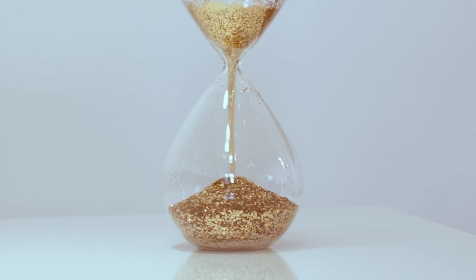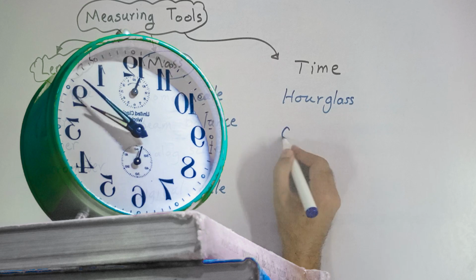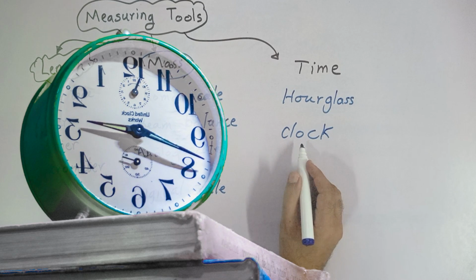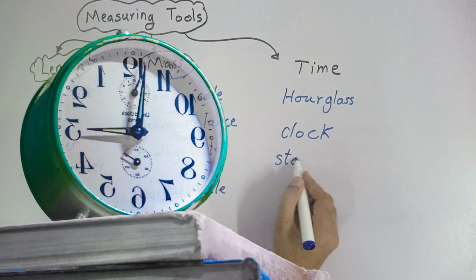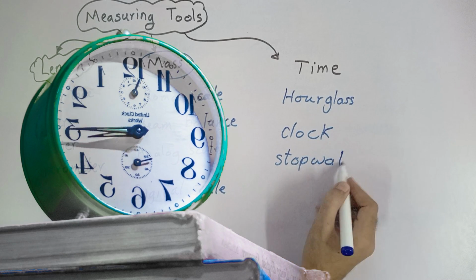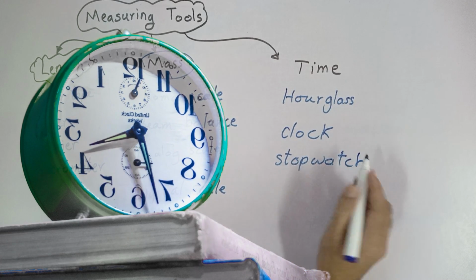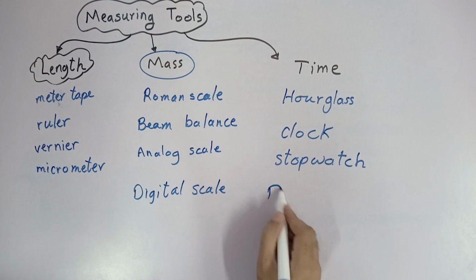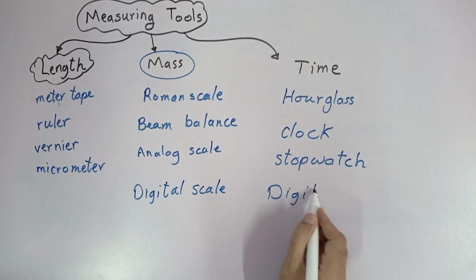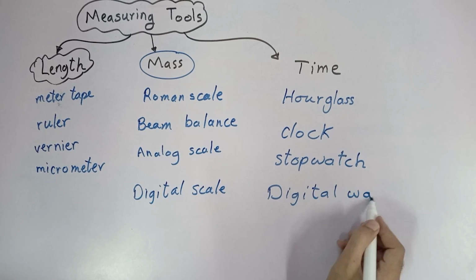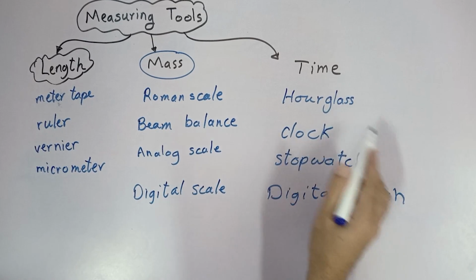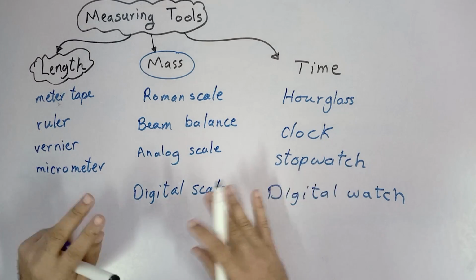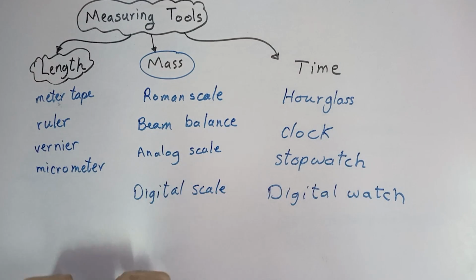Okay, there is a clock. You can measure time with a clock or stopwatch, and a digital watch. These are tools to measure time. I think they are easy to use.